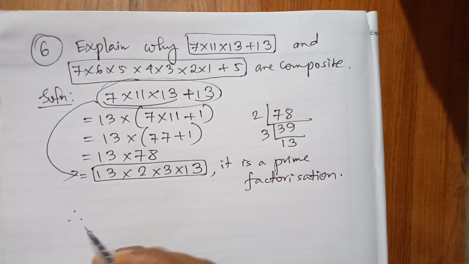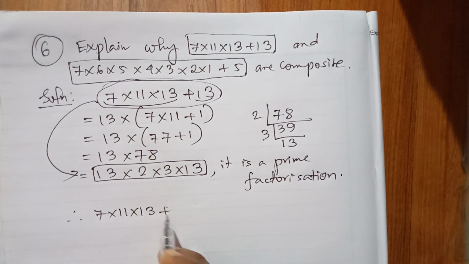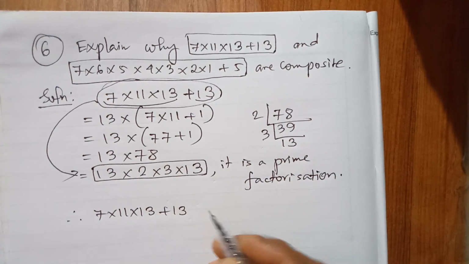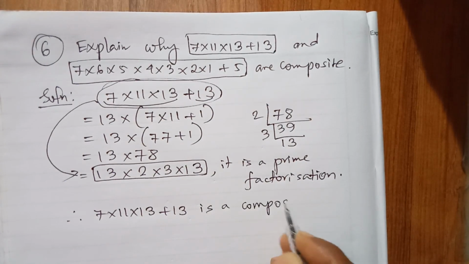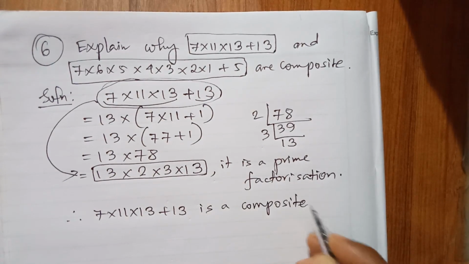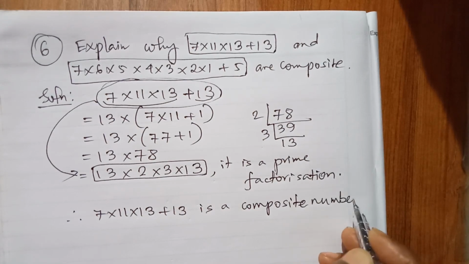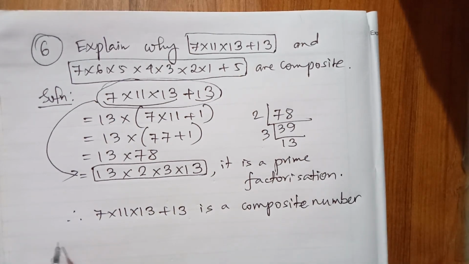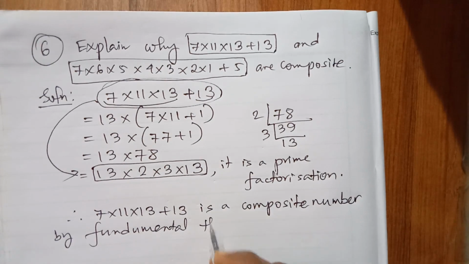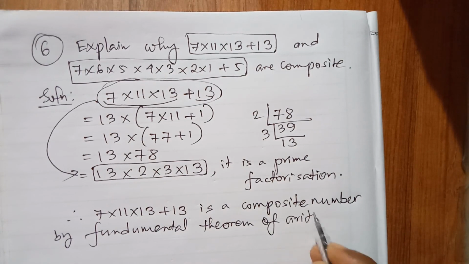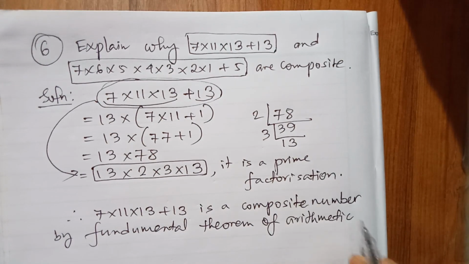Therefore 7 into 11 into 13 plus 13 is a composite number by the fundamental theorem of arithmetic.